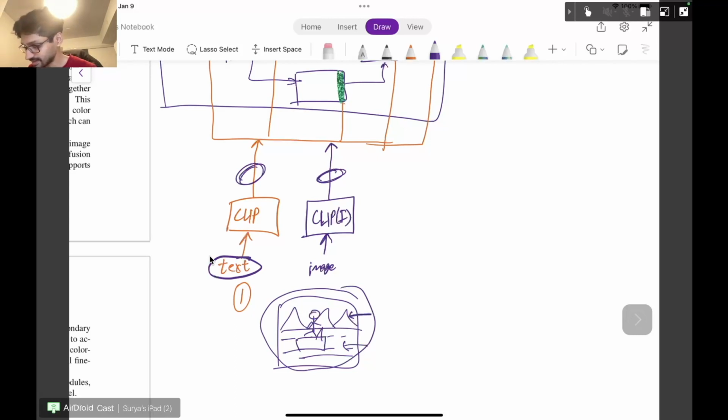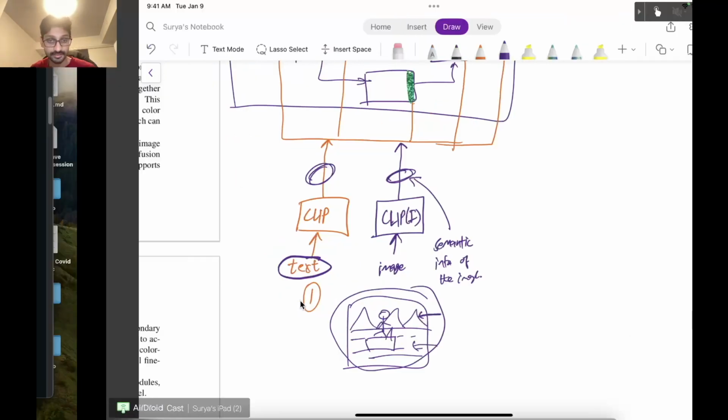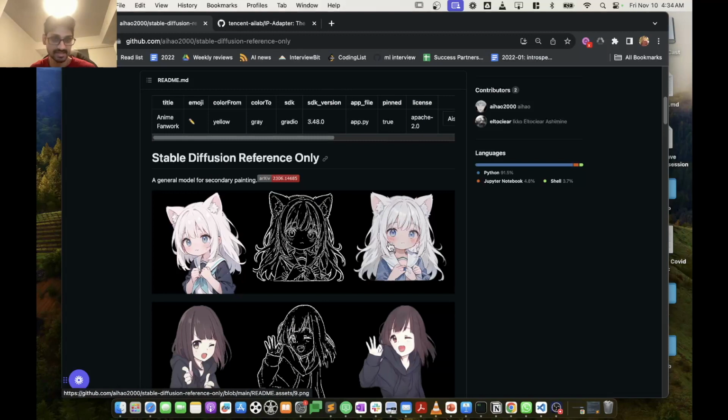So when you use the CLIP embeddings, what you have is the semantic information of the image. But this rough semantic information might not be good enough for a task like this. For example, the text description of an image like this would be: anime style girl with nice hair and some flowers near her ears that look like a fox.